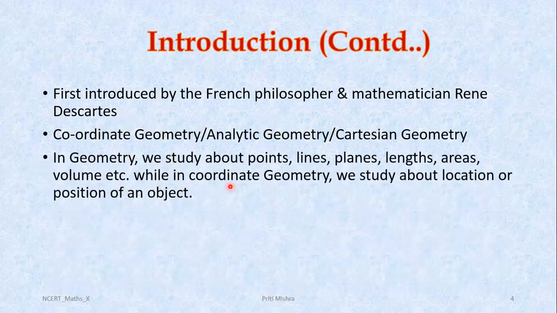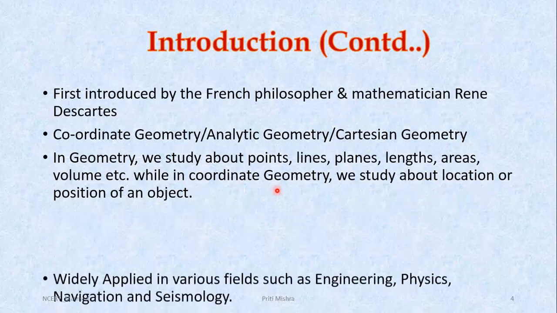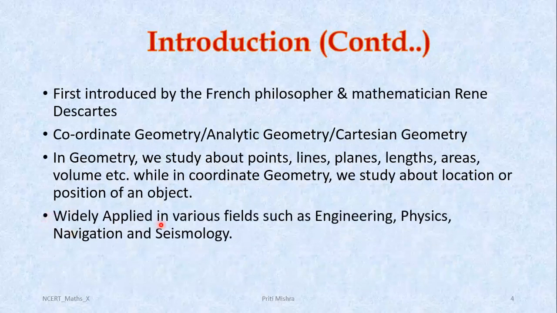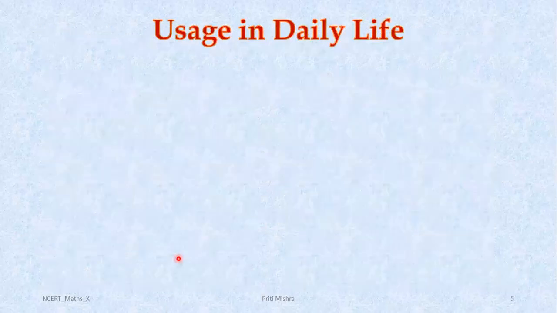In geometry, we study about points, lines, planes, lengths, areas, volume, surface area, and so many things. While in coordinate geometry, we study about location or position of an object. So this is the basic difference between geometry and coordinate geometry. It is widely applied in various fields like engineering, physics, navigation, and seismology.